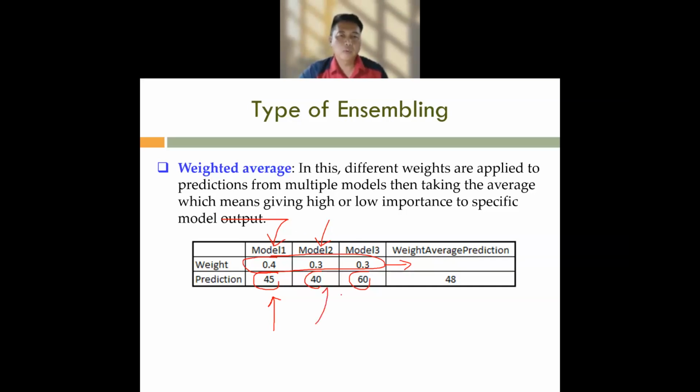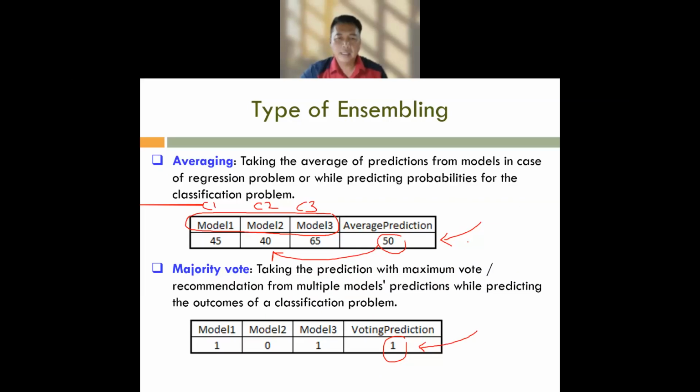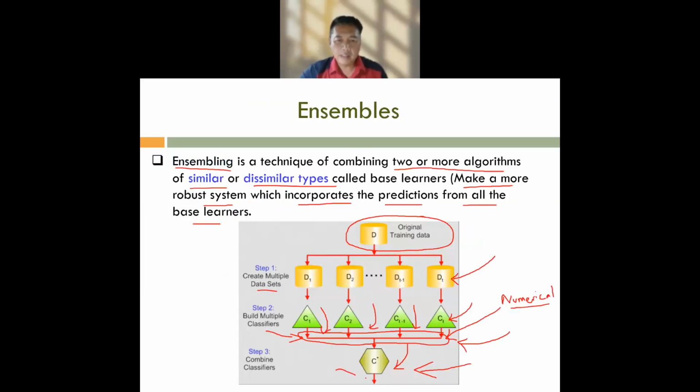And for model 2, the weightage is 0.3. The weightage for model 3 will be 0.3. So if you compute this by multiplying this with the prediction, and then you add up all this number, you get 48. Okay, so this is the result that is coming out at the end of your combined classifier here.